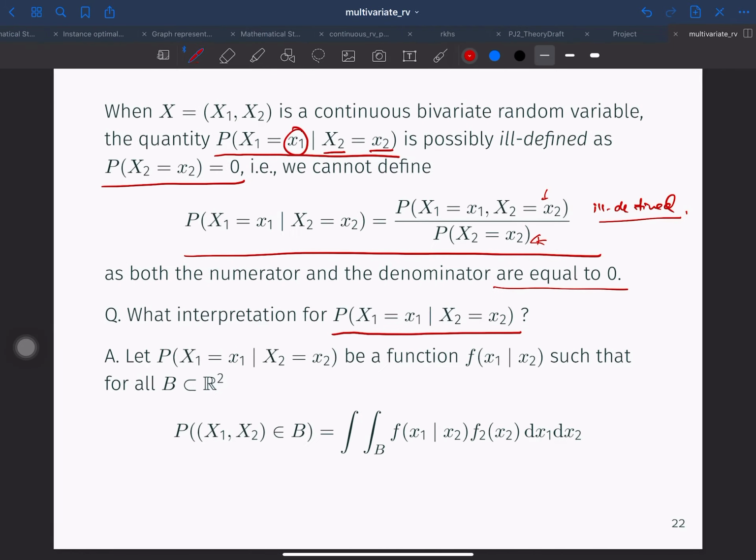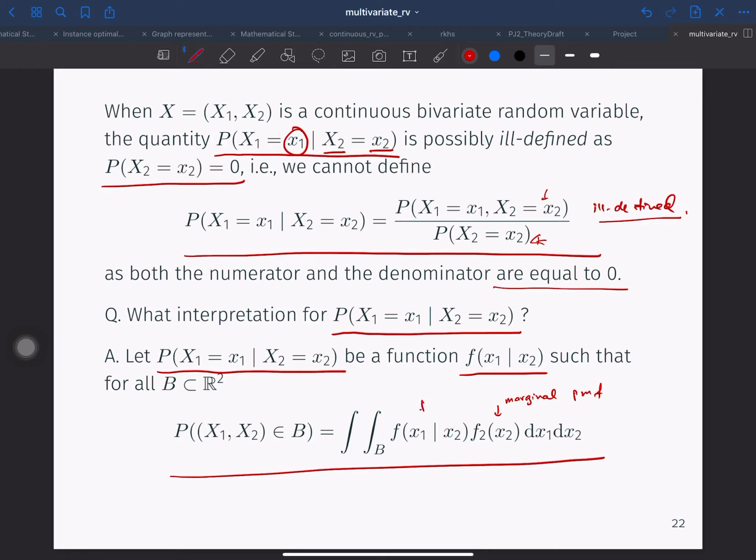So that suggests that, analogously, we should define this quantity to be any function that satisfies this property. So replace the sum by integration. You still have the marginal, but now you replace the marginal PMF with the marginal PDF.